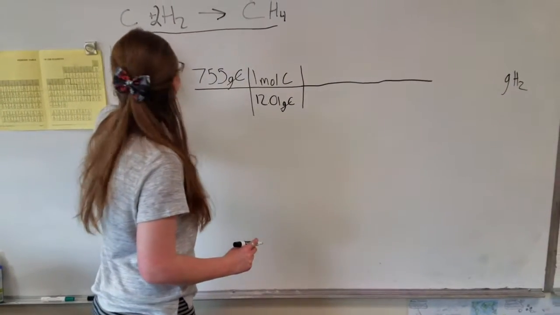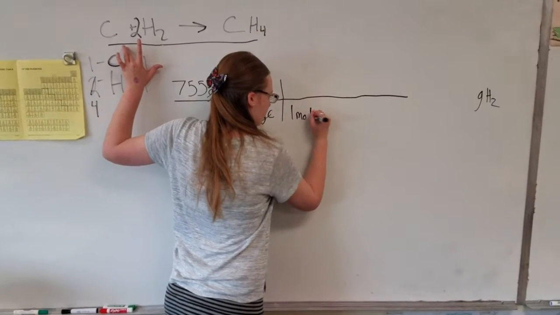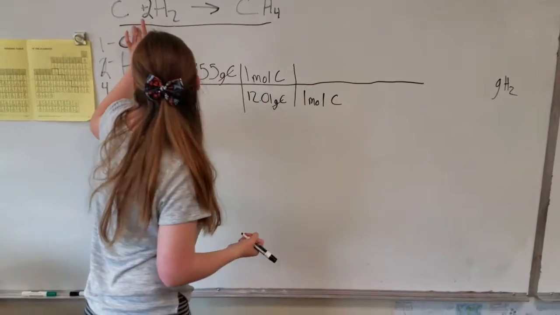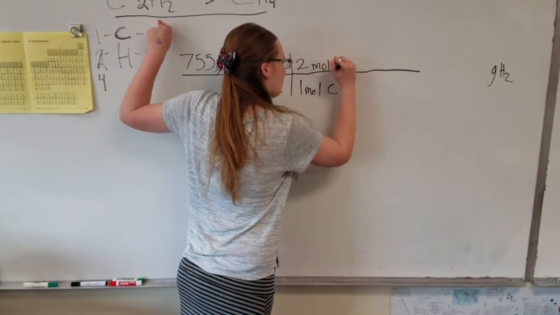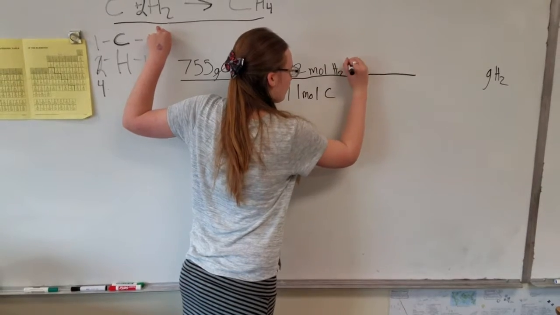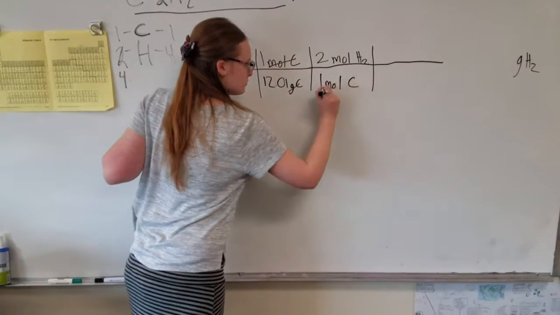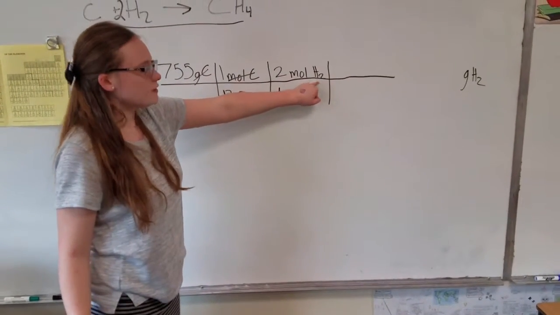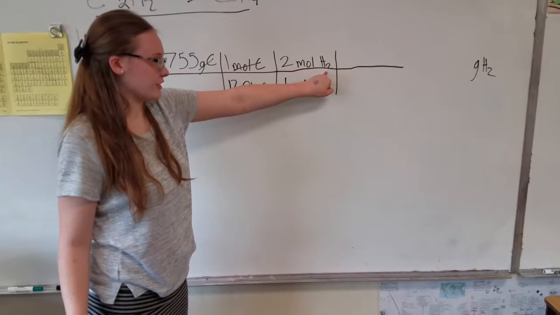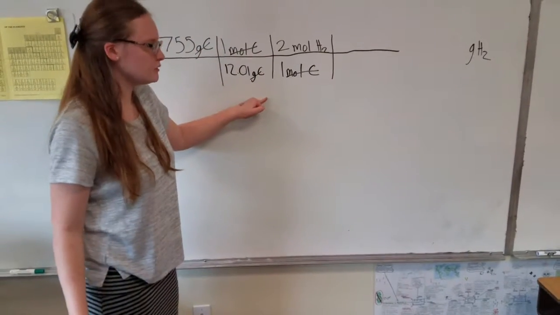So for every 1 mole of carbon, you have 2 moles of hydrogen gas. Now, these two cancel, which means we are now in hydrogen gas. We're no longer dealing with carbon.